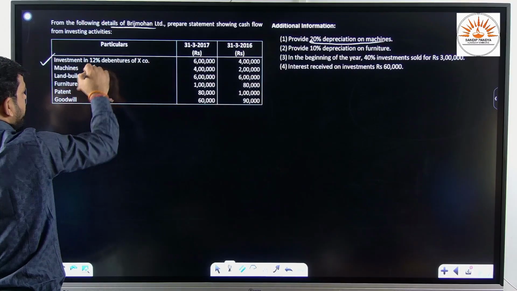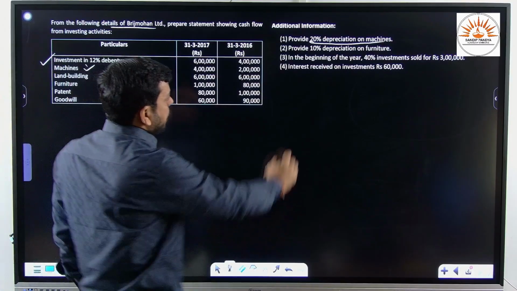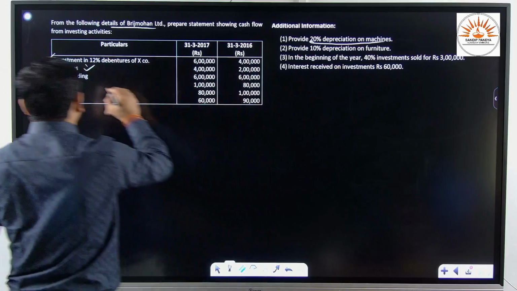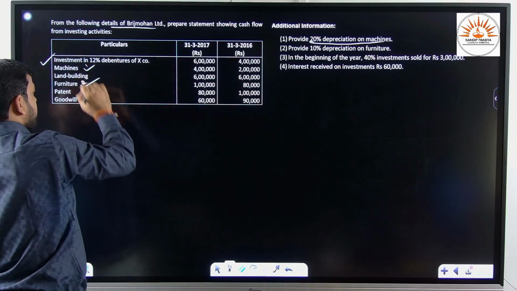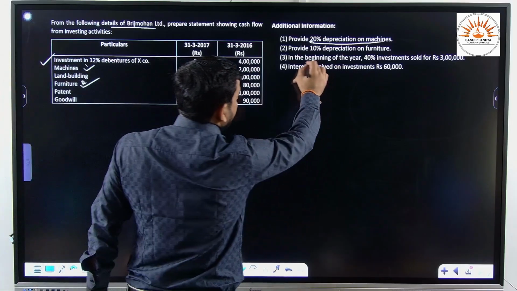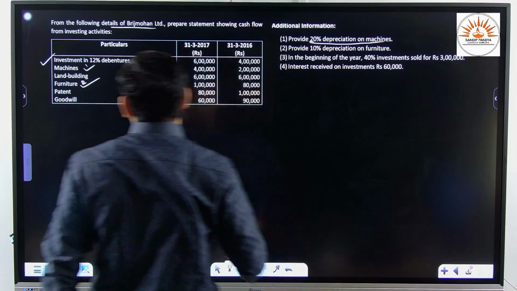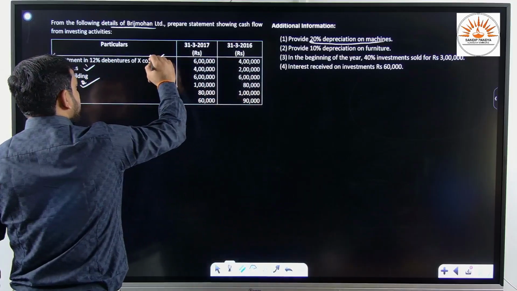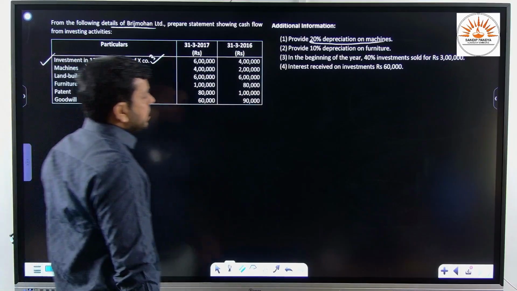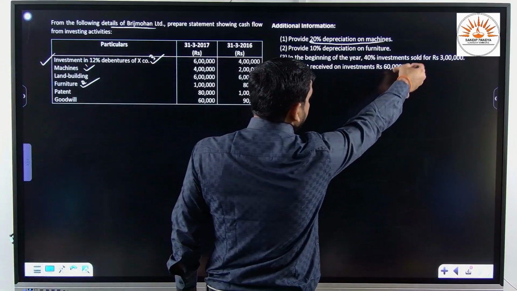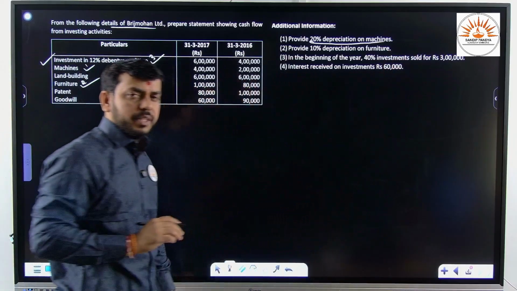Sir, here. So we shall write number 1. Provide 10% depreciation on furniture. So we shall tick mark the furniture and write number 2. Investment in the beginning of the year, 40% investment sold at rupees 3 lakhs. So we shall tick mark the investment and write number 3. And interest received on investment, that is 60,000, which is a separate item.